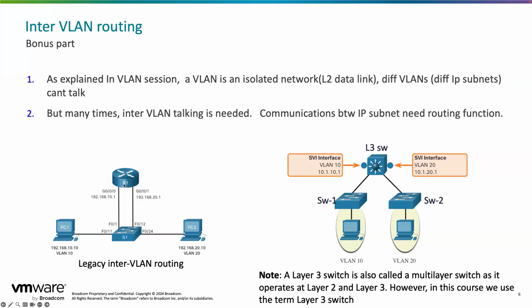R1 just performs the routing function and makes a decision on how to reach PC2 located in VLAN 20.